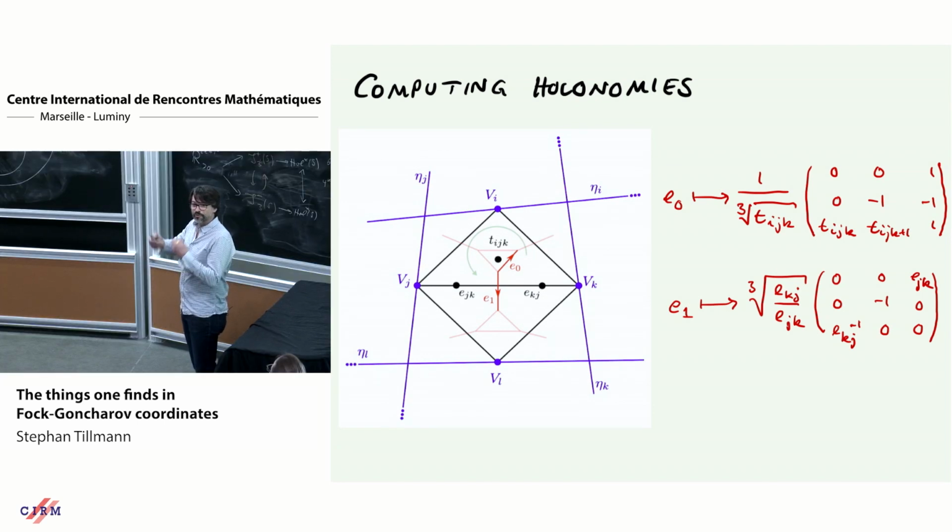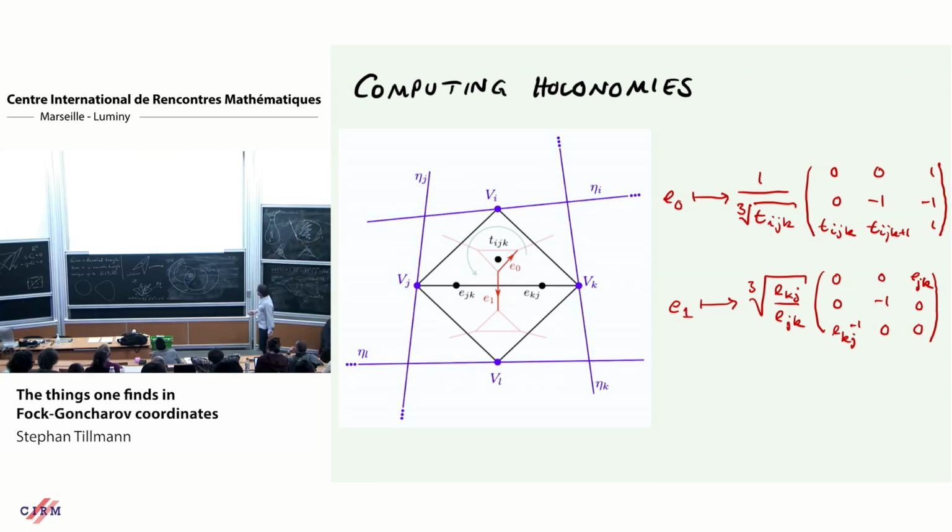And then in order to get the related holonomy representations, all you need to do is write down these matrices that are given in terms of the coordinates, and you multiply them together as you go along this graph. So that's what these positive representations of Fock-Goncharov are in this setting here.